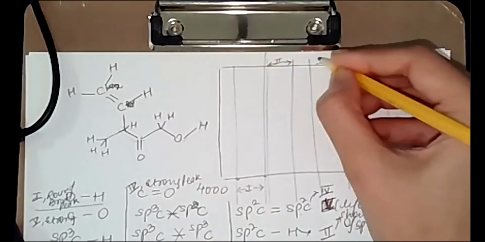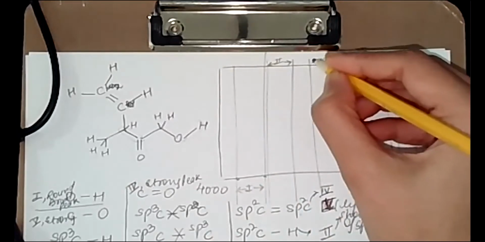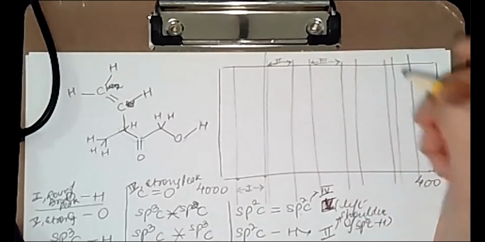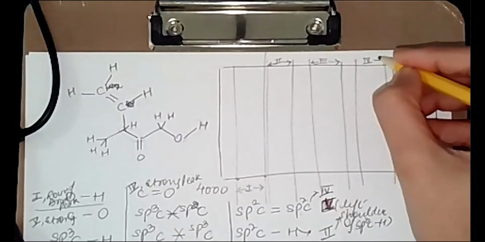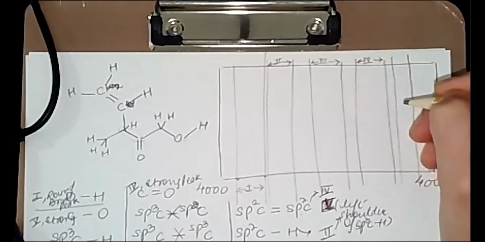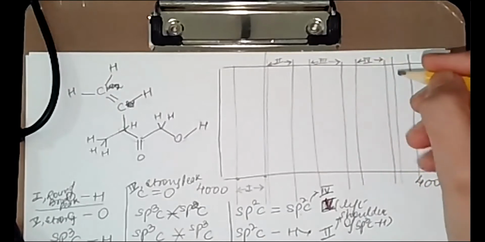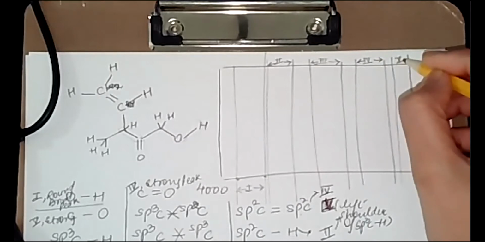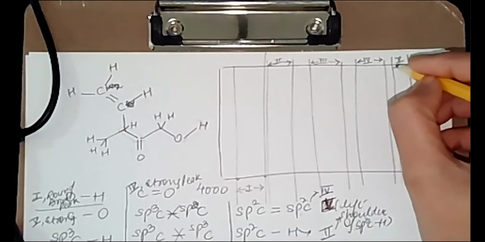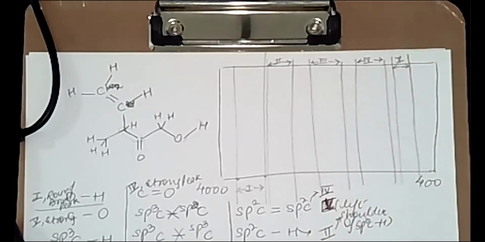This is my region 3, between 2100 and 2500. This is my region 4, between 1620 to 1800. And this is my region 5, between 1000 and 1800.